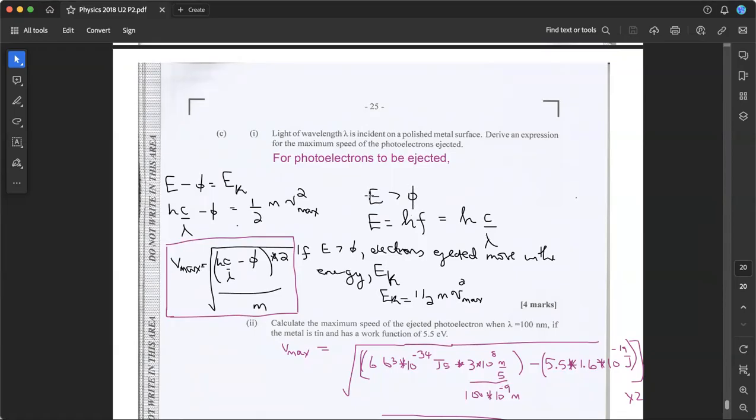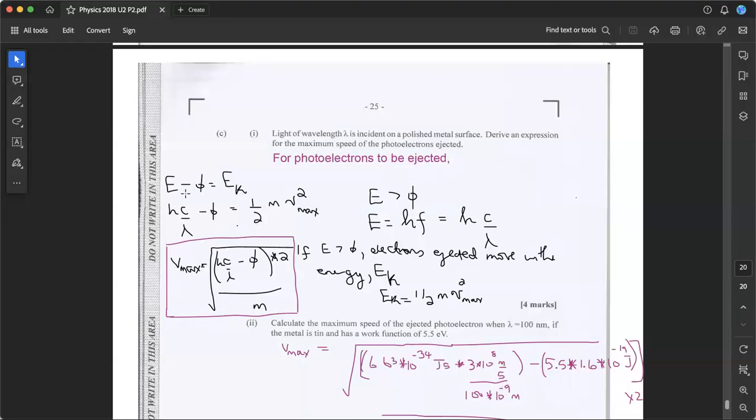The energy of the photon is given by E equals hf, which can be simplified further as hc over lambda, just a substitution for the value of f. This energy has to be greater than our work function, the minimum amount of energy required for those electrons to be ejected.